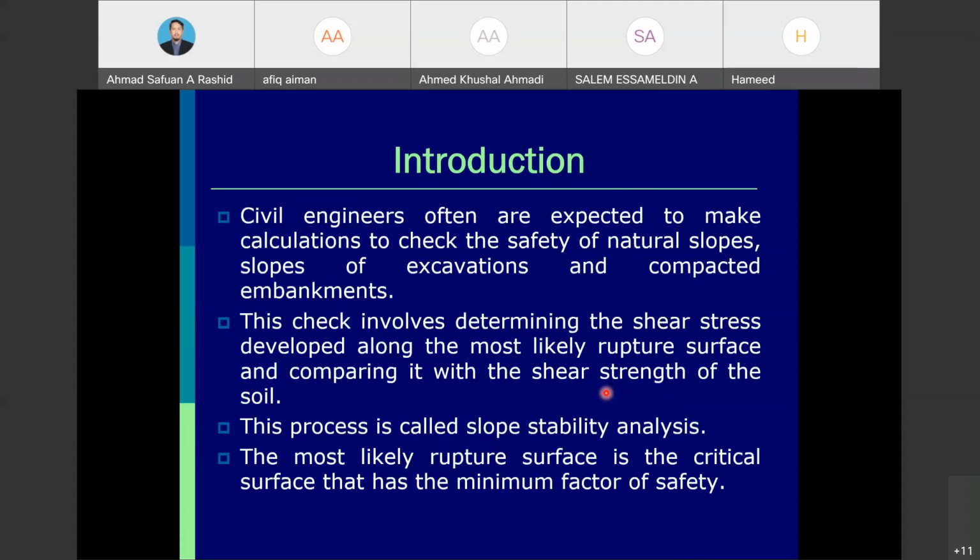We should also include the groundwater level, which might contribute to the driving force and make the slope less safe.